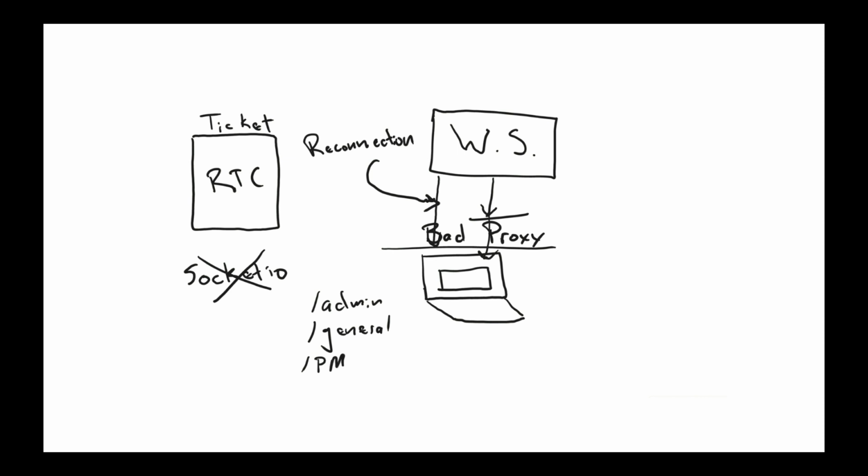Well, you now need to make 3 of these connections in order to satisfy all 3 of these paths or these groups of sockets, because you'll want that user to get all the messages sent to admin, all the messages sent to general, and all the messages that come in via private message. So now you have to create 3 connections, or as many connections as every client is going to use.